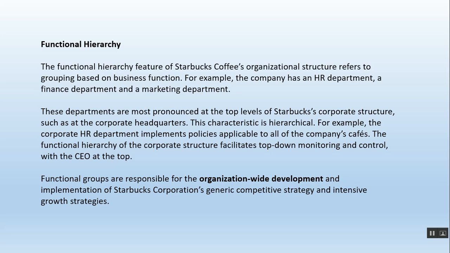For example, the corporate HR department would implement policies that are applicable across the entirety of Starbucks, its cafes, etc. And the functional hierarchy of the corporate structure facilitates a top-down way that monitors and controls with the CEO at the very top. Functional groups are responsible for the organization-wide development and implementation of the Starbucks Corporation's competitive strategy and growth strategies.